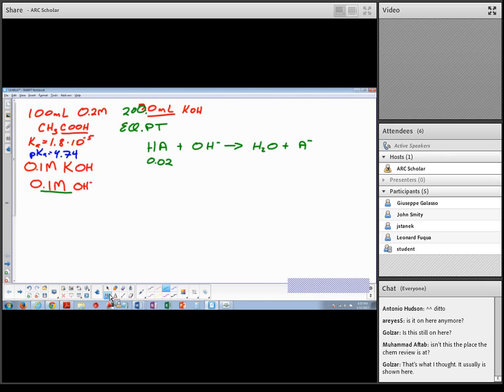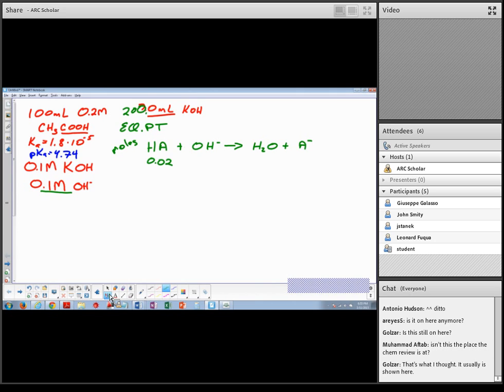And so we had 0.02. Okay, remember this is moles. 200 times 0.1. Oh, I'm sorry, 200 milliliters, so 0.2 times 0.1 is how many moles? 0.02.